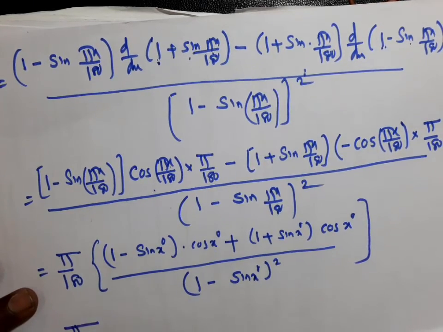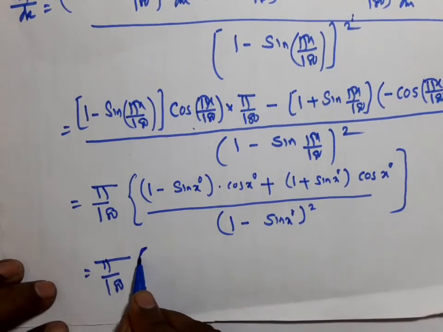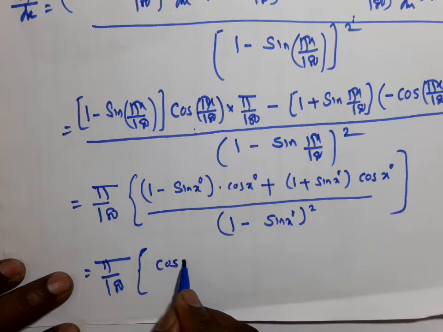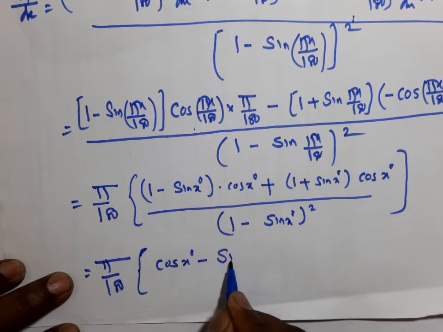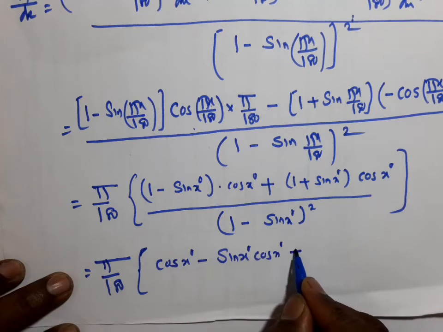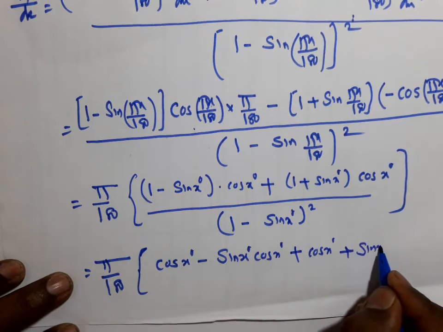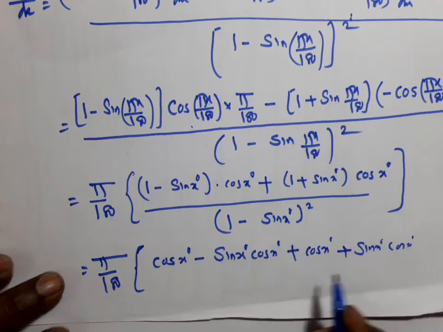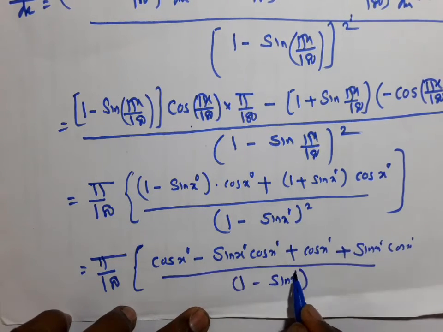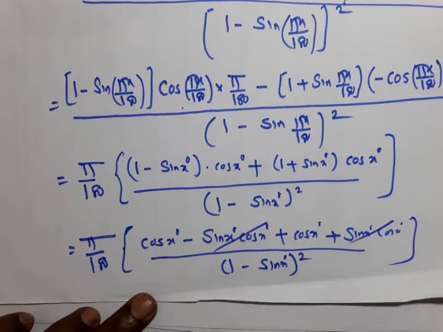If you want more simplification, then open the bracket. This is cos x degrees minus sin x degrees cos x degrees plus cos x degrees plus sin x degrees cos x degrees, divided by (1 minus sin x degrees) square. Then these two terms will be cancelled.